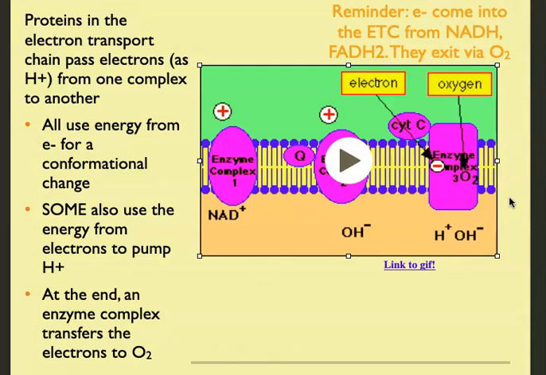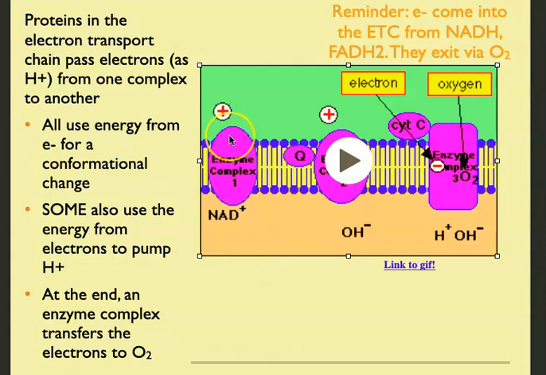In enzyme complex 1, it is going to pump a proton. When it gets a hold of that hydrogen atom, the electron is going to associate with certain amino acids in that enzyme complex, and then the conformational change makes the enzyme complex pass off that electron to this carrier that's labeled Q right here.